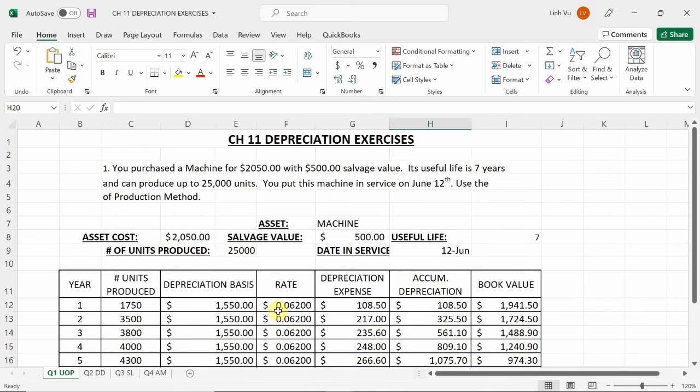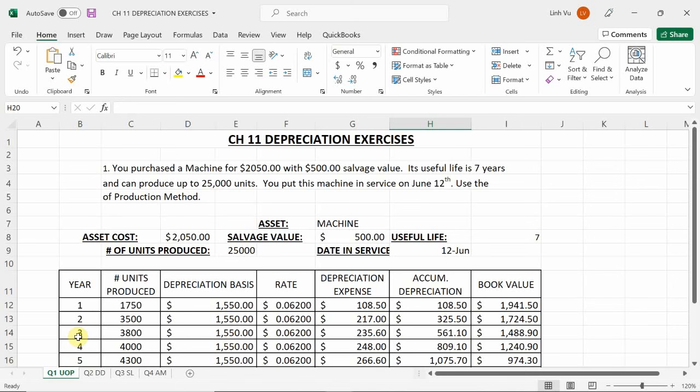Till now I'm confused. I don't know how the result rate comes out. What math transaction? If you pull up the formula sheet, okay? In this case, my depreciation basis is going to be my asset cost minus salvage value.